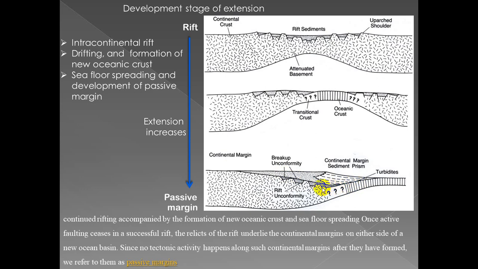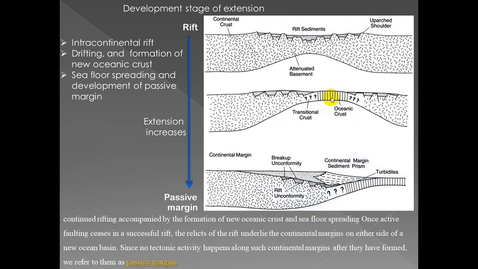So at the continental margin, new subsidence occurs due to thermal subsidence. What's called thermal subsidence? Because here in the middle of the ocean, the center of heat is still sending heat.